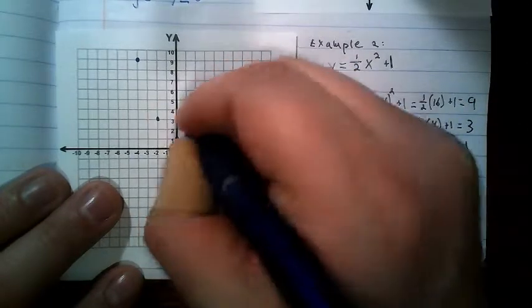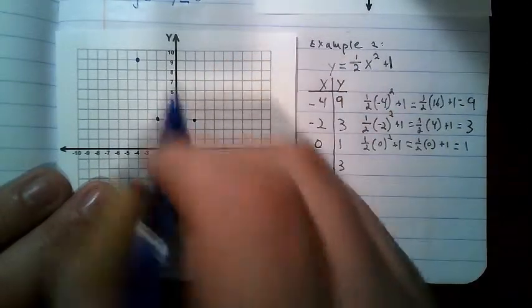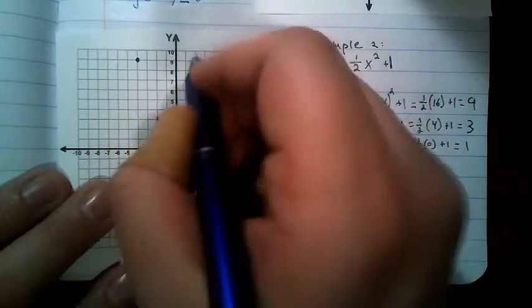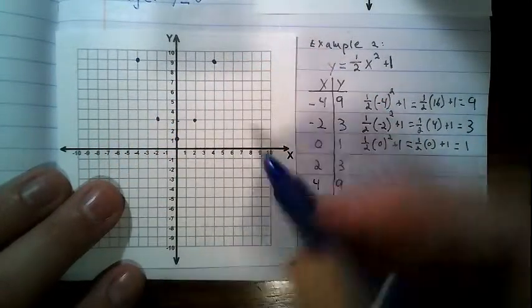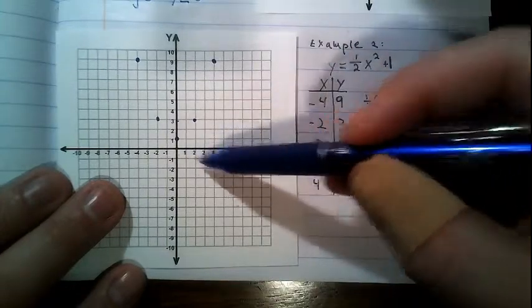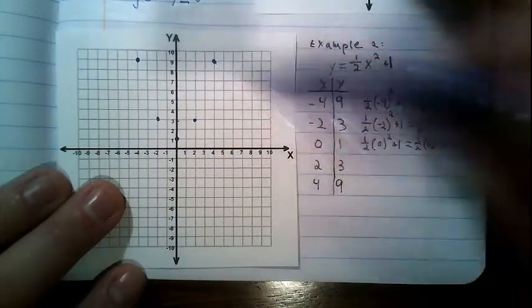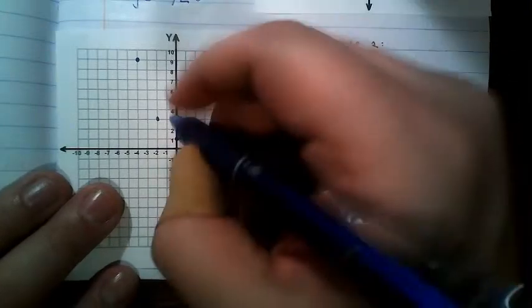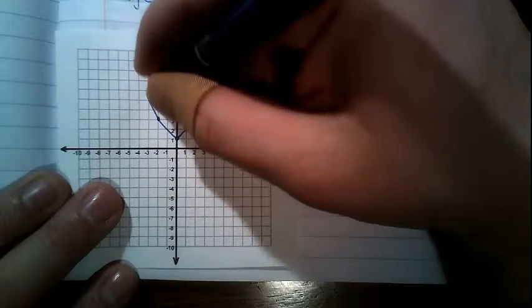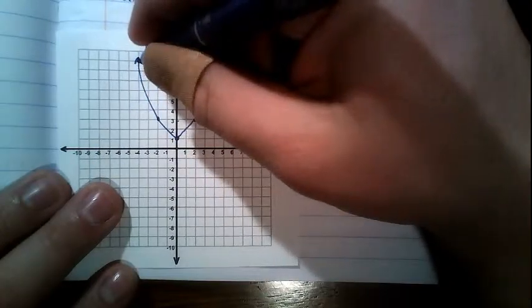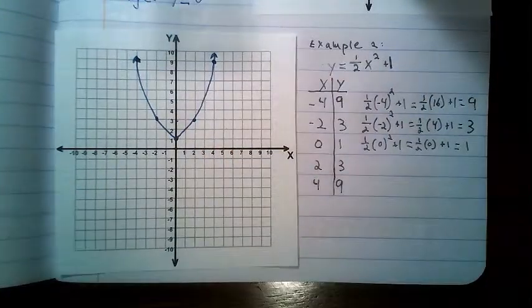You can see they're symmetrical, right? 2 away, 2 away. If this is 4 away, then that should also be 4 away, which makes sense because this is the point 4, 9. And I'm just going to graph that parabola. And there we have it.